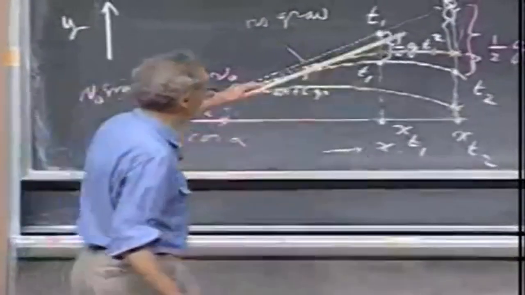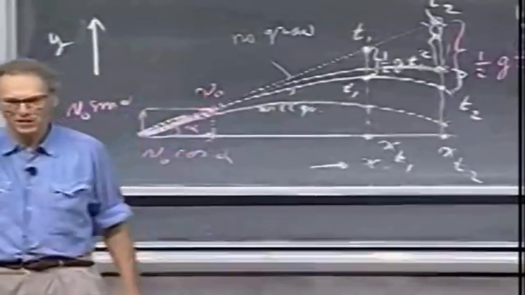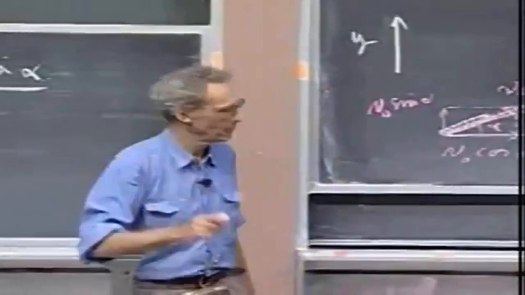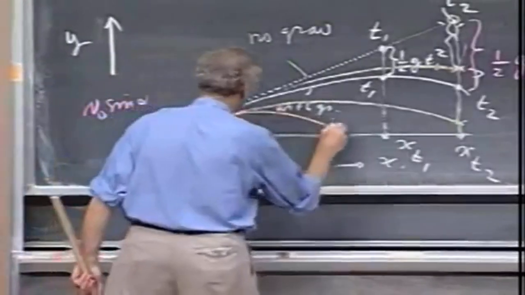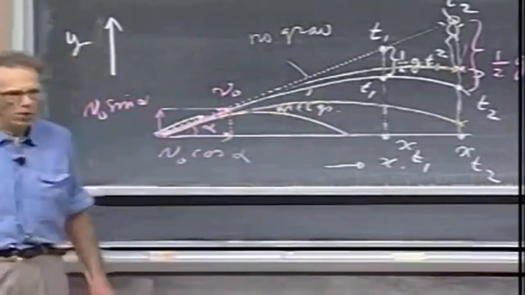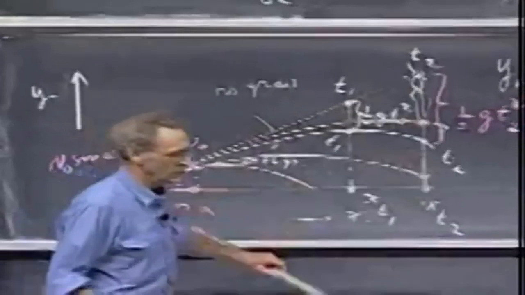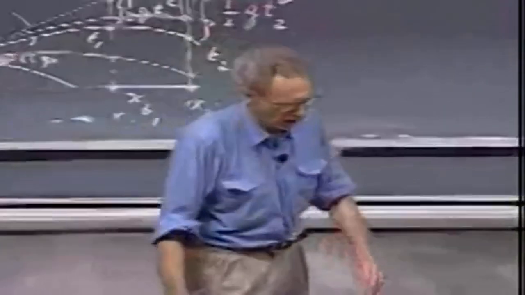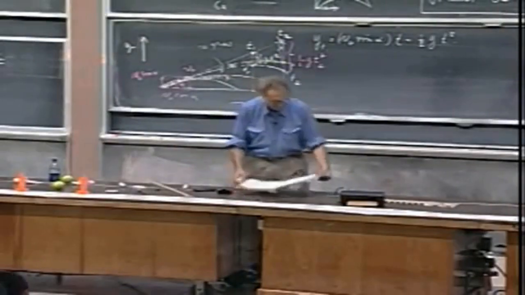Because always this part here is always exactly the distance that the monkey falls in that time. However, if the speed is very low, that it hits the ground before the monkey hits the ground, well, okay, then the monkey is safe. So the only thing that is very, very critical is alpha. It must be precisely aimed at the monkey. If that's not the case, then the monkey will be safe.